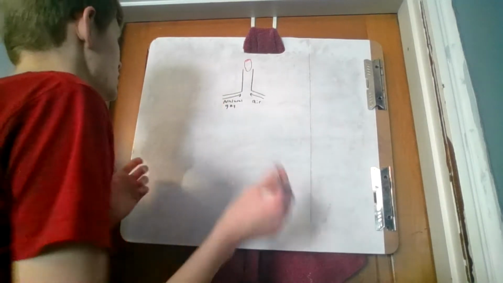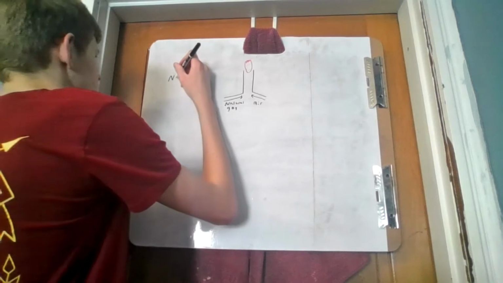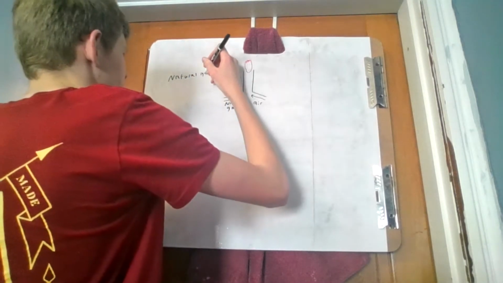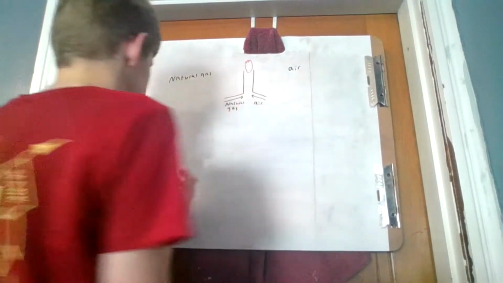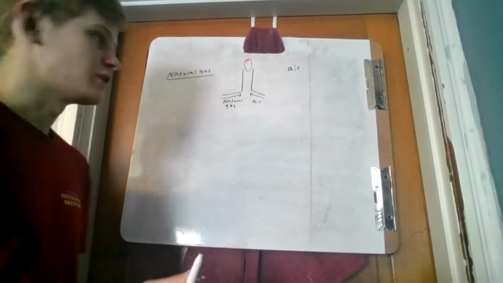So we'll separate off what is going to be used in our reaction. We'll start with our natural gas side, and then we will also have an air side. So what goes in with our natural gas?